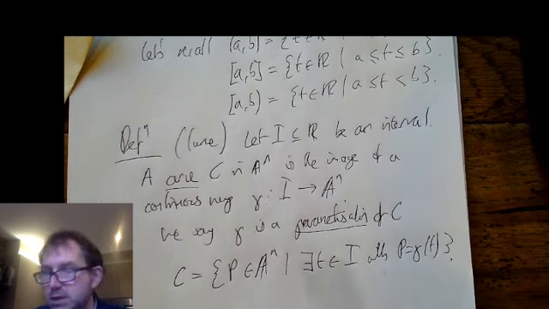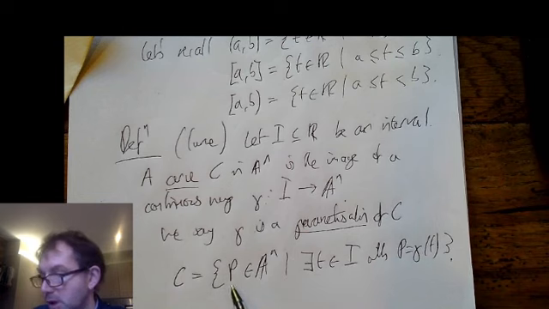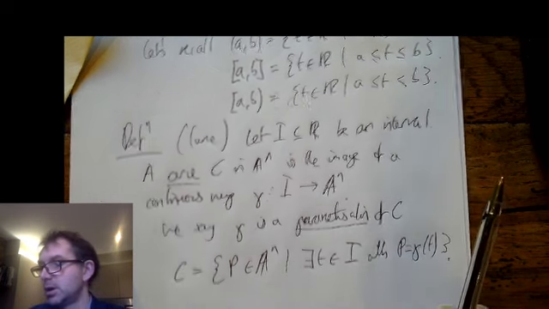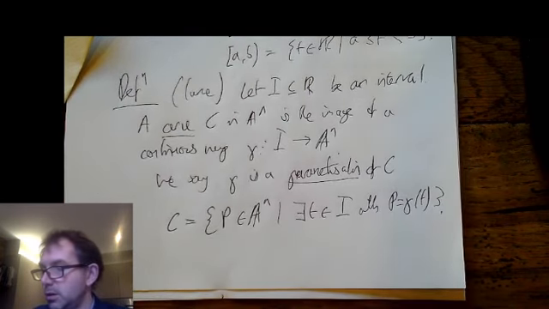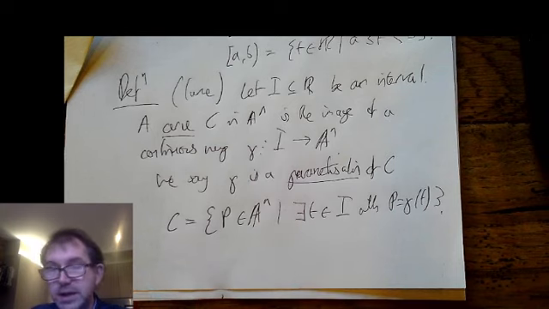So this is what it means to be the image of this continuous map gamma. You're saying that we just look at all the P's that we hit from using the map gamma. At this stage, I will make the point that t is not chosen here for no reason.